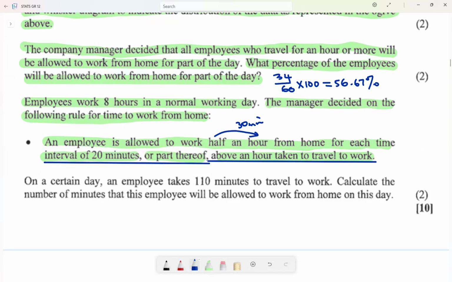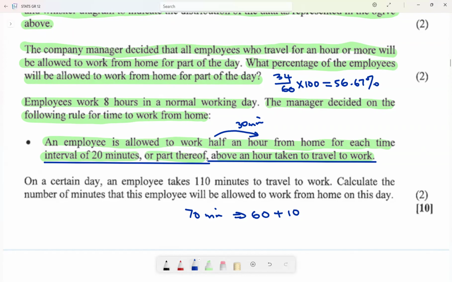Basically, it means if you take more than an hour to get to work, let's say you take 70 minutes, remember it will be 60 minutes plus 10 minutes.